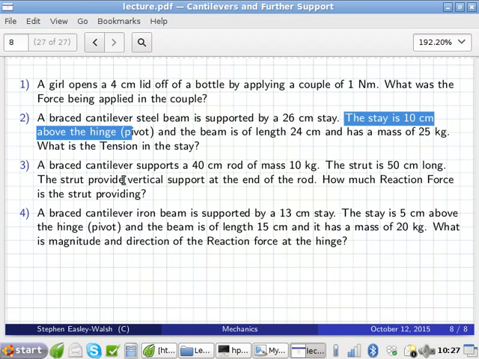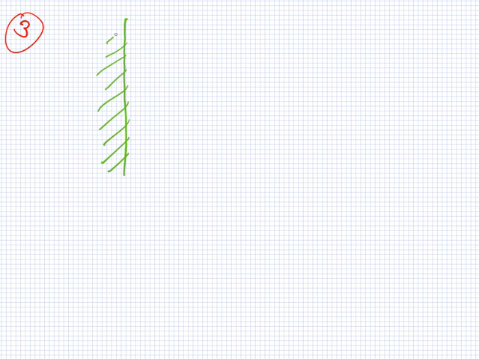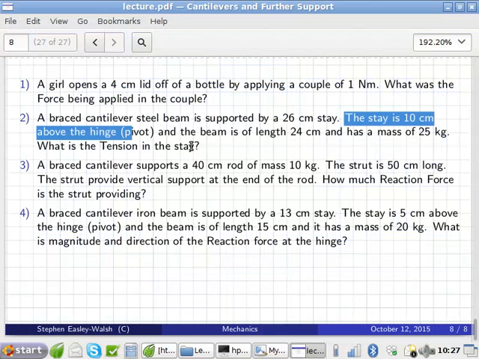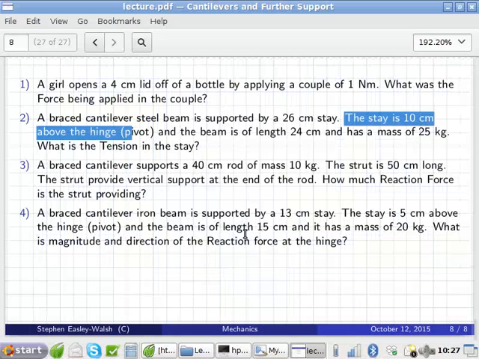So what you have here: this is 0.4, the mass is 10, so there's a 10g here.